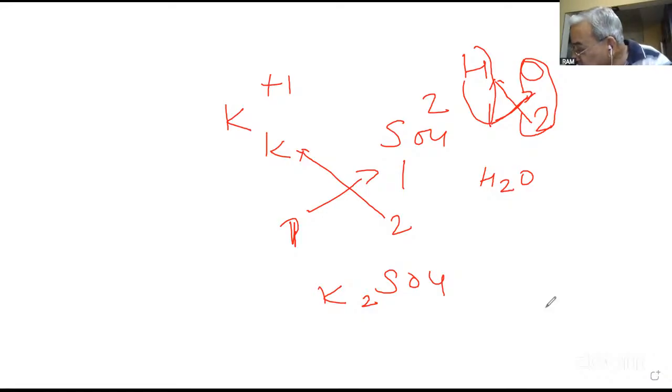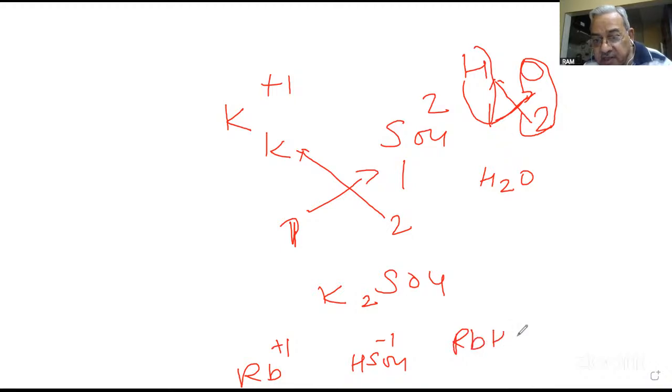So how will it combine? Rubidium 1, HSO4 1. This is -1, this is +1. Both will be having 1. So it will be rubidium HSO4, right? Are you able to see it?